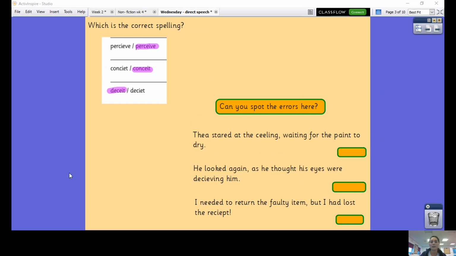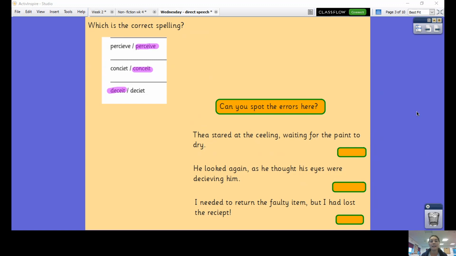We've then got a couple of sentences here. So can you spot the spelling errors in these sentences? So I'm going to read them all out first, and then I would like you to take a couple of minutes to rewrite the spelling that you think is the incorrect one.